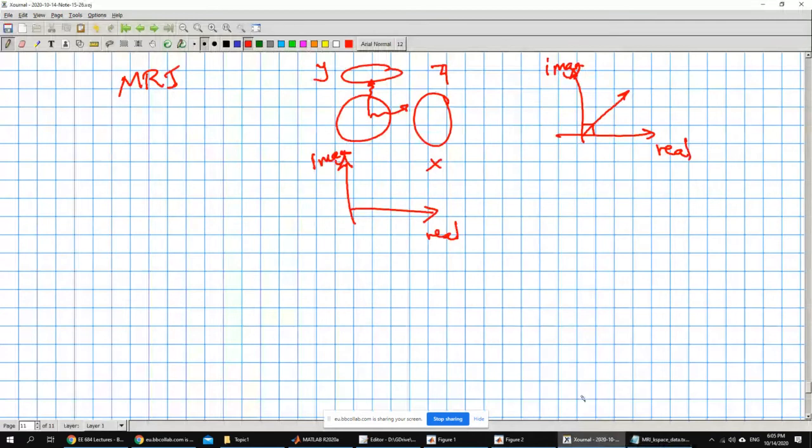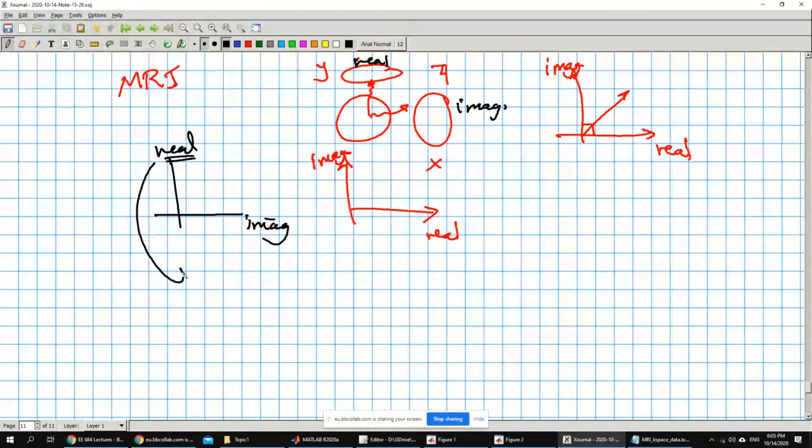The thing is, if you have X here as the real part, and this is now the imaginary, then you have a problem because it doesn't look like this, it looks like this now, real and imaginary. This is a little bit different. It shouldn't really appear like this. So it assumes that what you have here is the real, and here is the other way around. The real comes before imaginary.